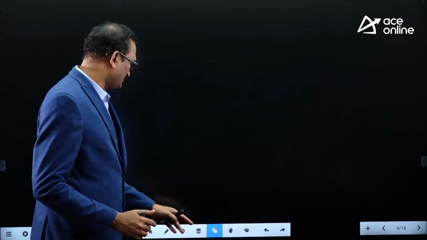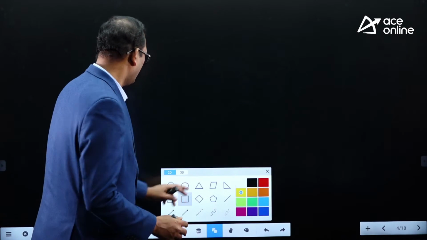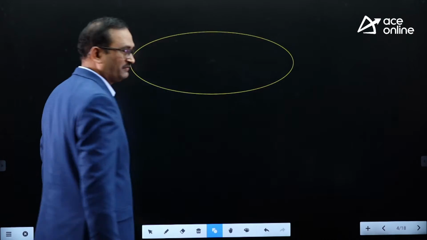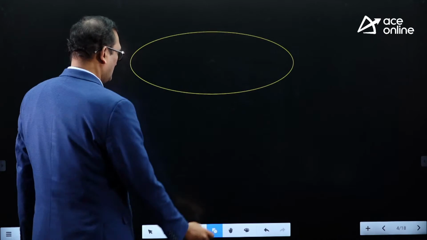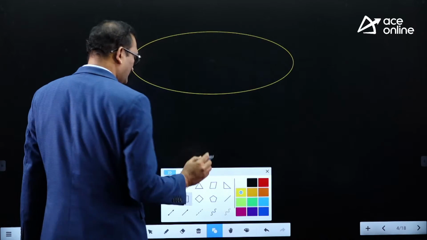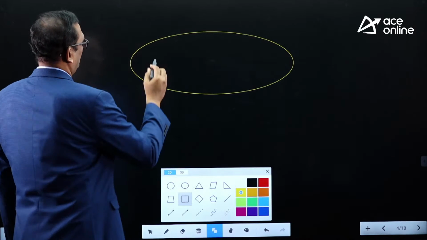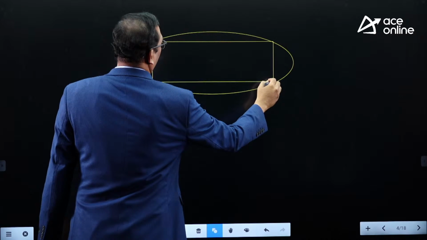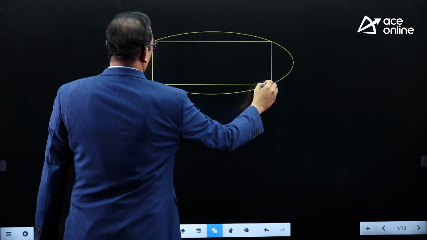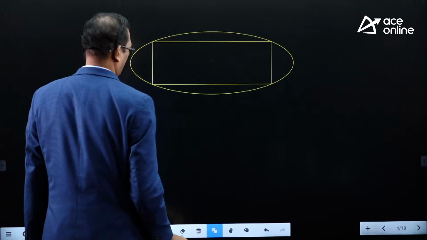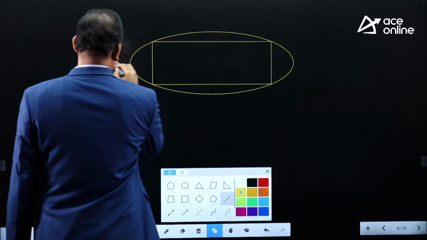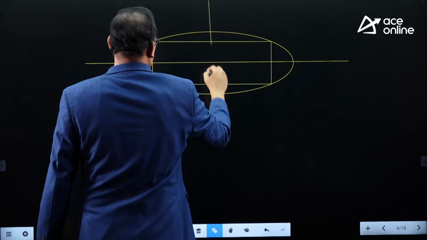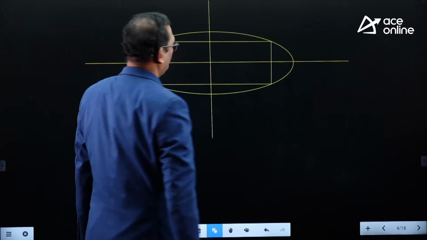Now let us look at this. First you draw the ellipse. This is x square plus 4y square equal to 1, an ellipse. But the vertices of the rectangle, you observe this.